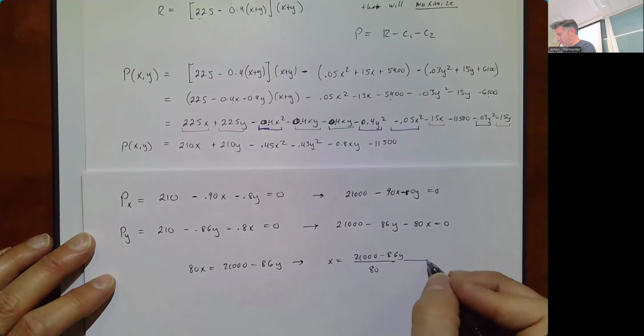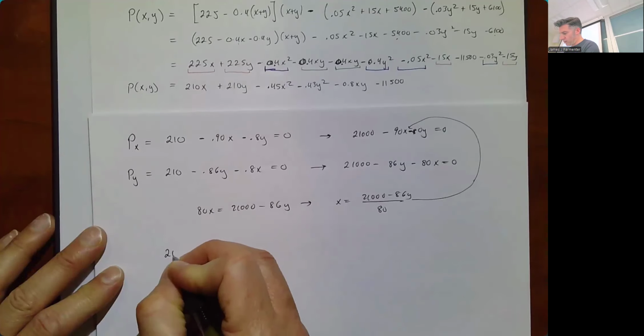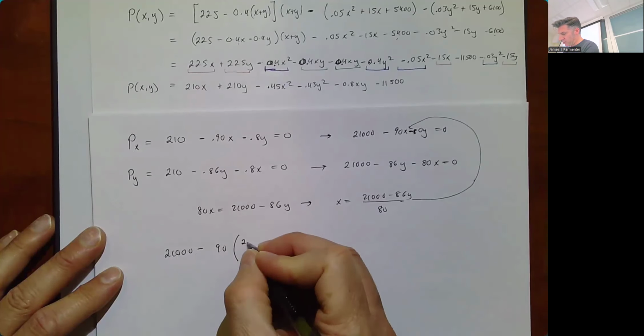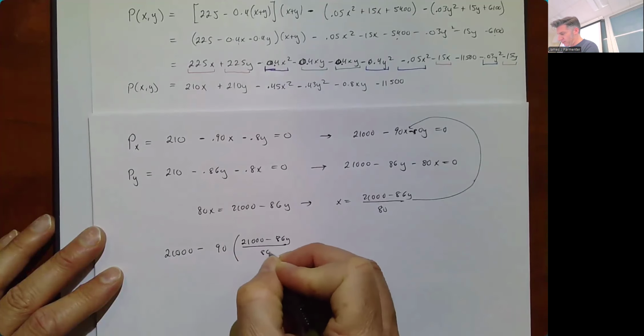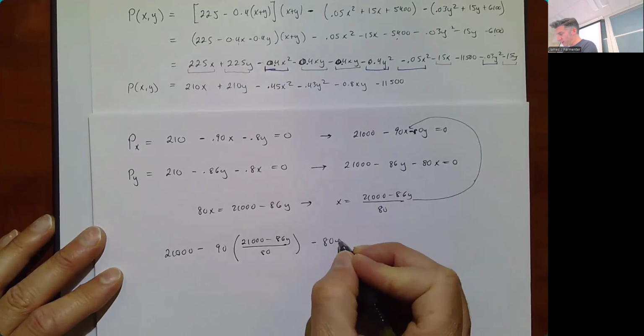I'm going to substitute that in for x in the other equation. So I'm going to have 21,000 minus 90 times 21,000 minus 86y over 80, minus 80y is equal to 0.